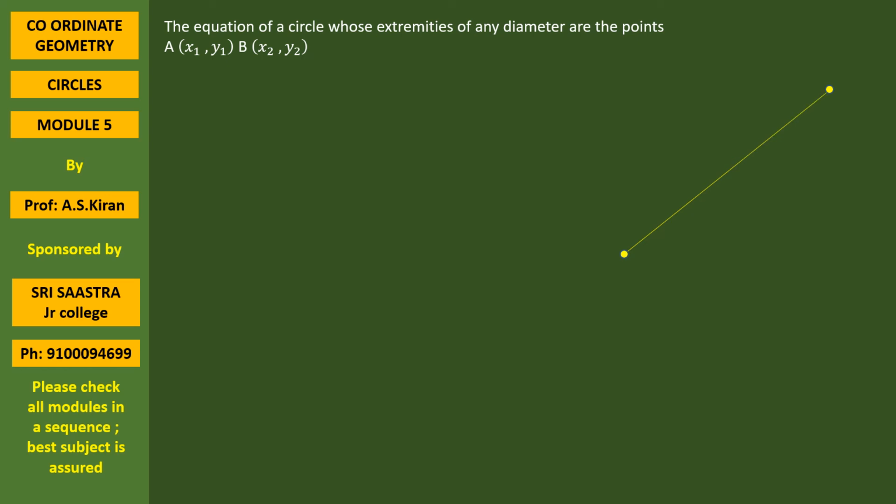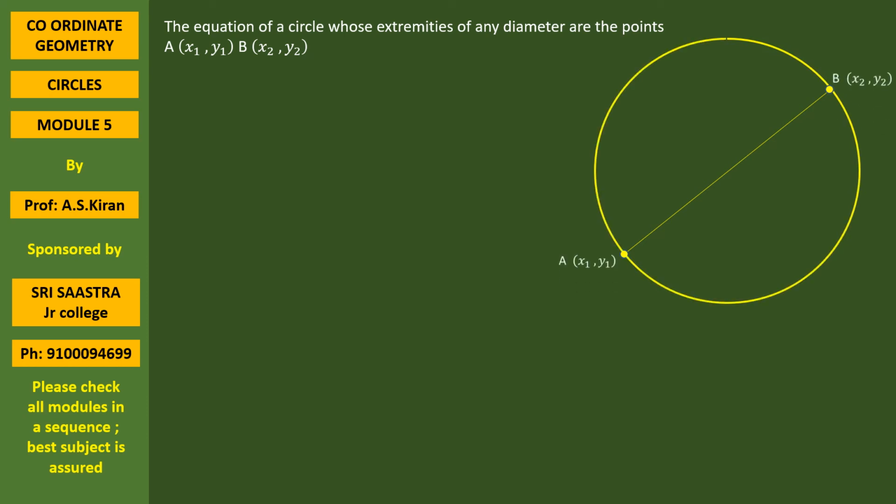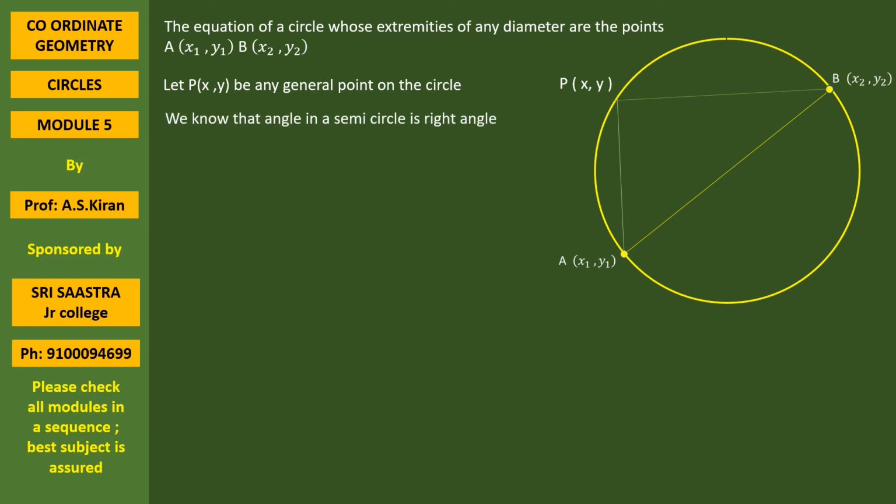There is a diameter taken, with extremities x1, y1 and x2, y2. Consider a general point P(x, y). Are you able to see now that the diameter makes an angle of 90 degrees? Let P(x, y) be any general point on the circle. We know that an angle in a semicircle is a right angle. Everyone knows that from the earlier classes.